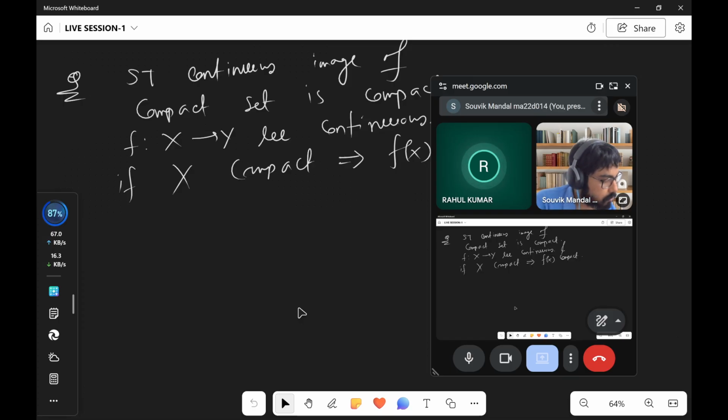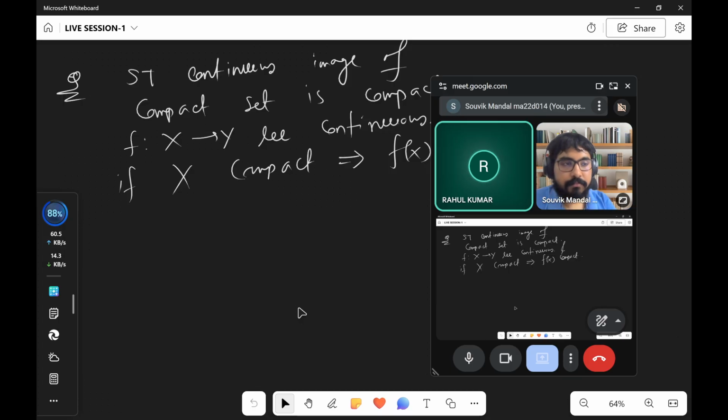Sir, can we do it like this? First of all, we construct an open cover for the range space f(X), and we take the inverse image of that cover set. Yes, please continue.